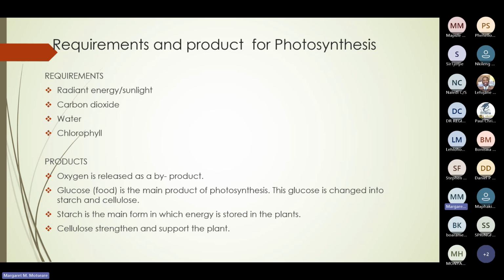The other product is glucose in the form of food. It is the main product of photosynthesis. This glucose is changed into starch and cellulose. So during photosynthesis, glucose is produced, but it is changed to be in the form of starch and cellulose. The glucose is stored as starch in the plant.